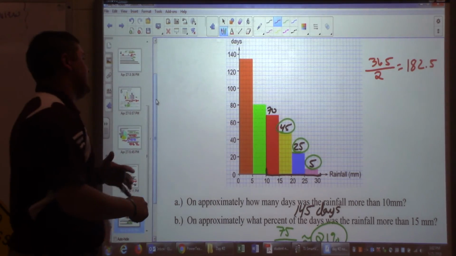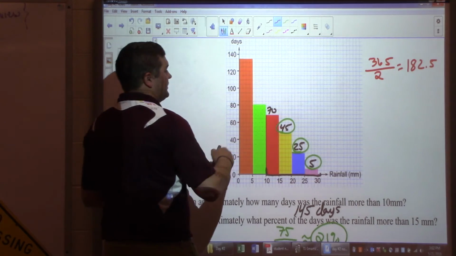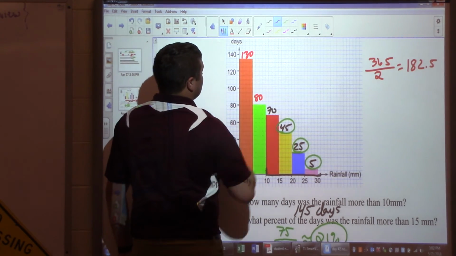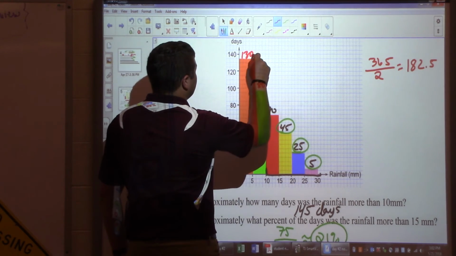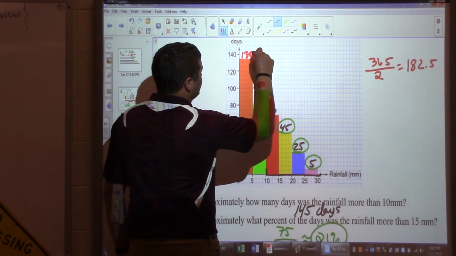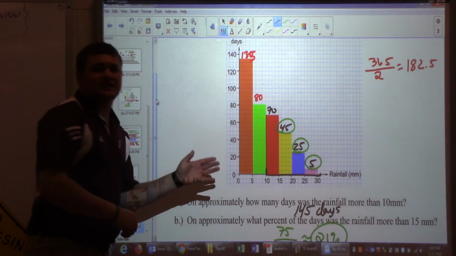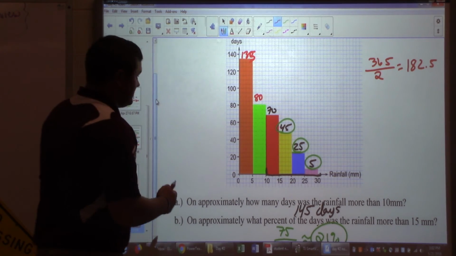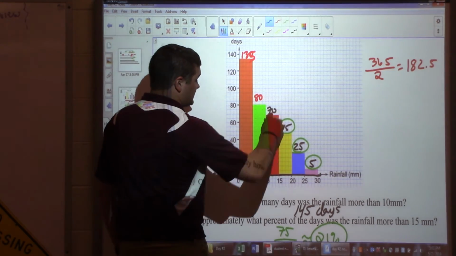So if I find the 182nd or 183rd data point, let's say this is 135. If I go from the left side or the right side, I find that 182nd data point. It's going to be in which bar? 5 to 10. It's going to be in this green one.